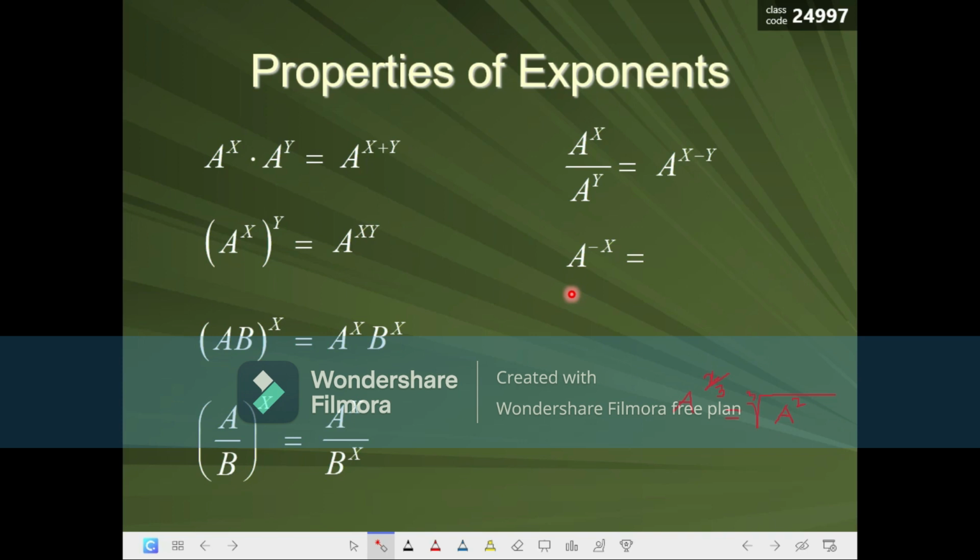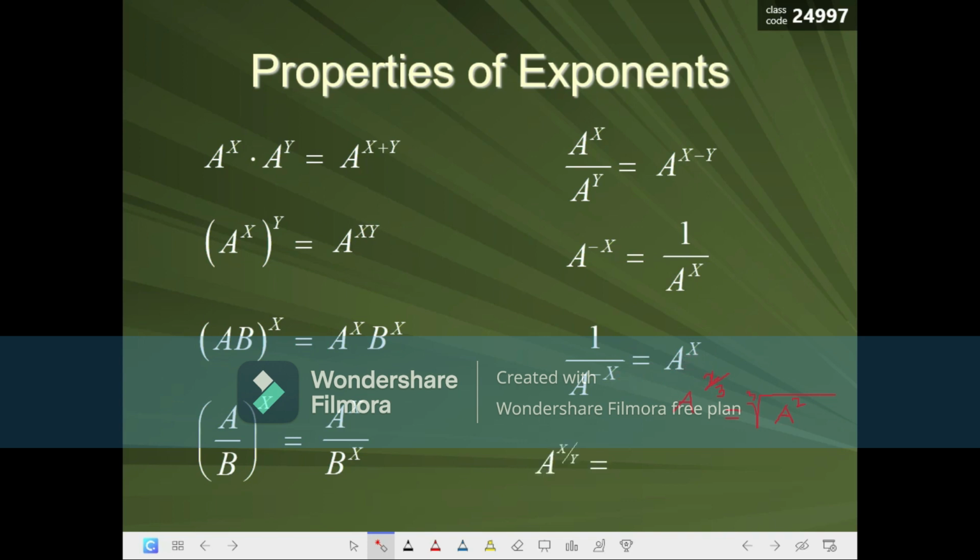So a to the power of negative x is equivalent to 1 over a to the power of x, meaning you get the reciprocal, then the exponent is automatically positive. If it's 1 over a to the power of negative x, the moment you place that in the numerator, the exponent becomes positive. So this is equivalent to a to the power of x.